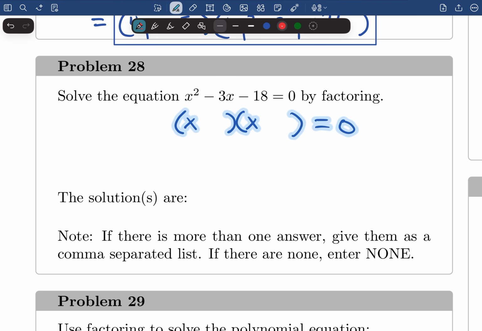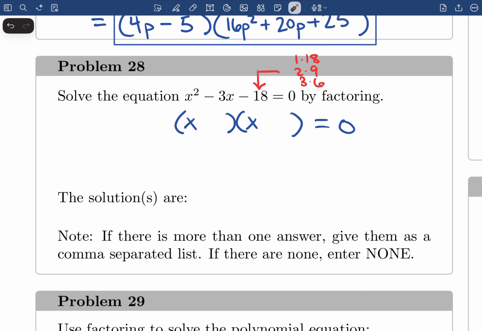And then I'm going to find all of the factors of the constant, 18. What are the possible factors of 18? Well, that's 1 and 18, 2 and 9, 3 and 6, 4 doesn't work, 5 doesn't work. Okay, that's it. All right, so we have found all of the possible factors of 18. But this is a minus-minus situation, meaning one of the factors is negative.